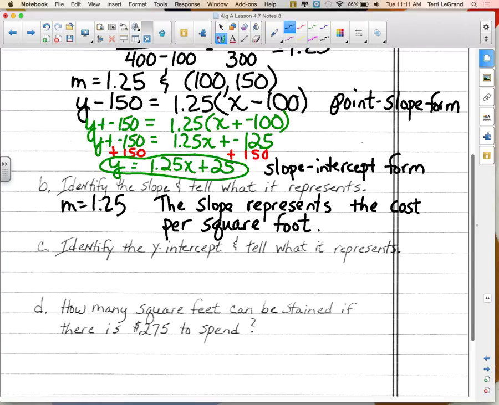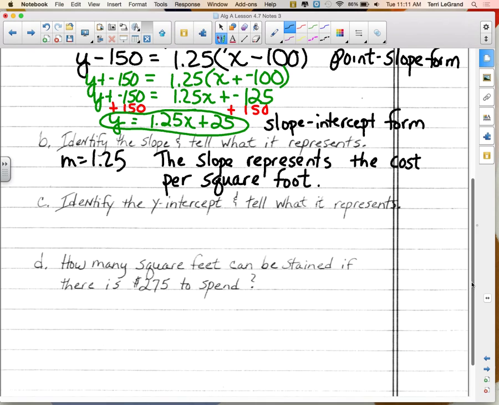So for that 100 square foot deck, $125. 1.25 times 100 per square foot. Okay, what's the y-intercept in this one? 25. So the y-intercept is 25, which we call b, don't we?